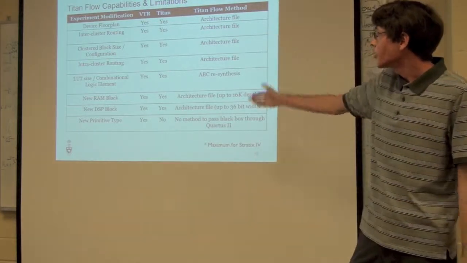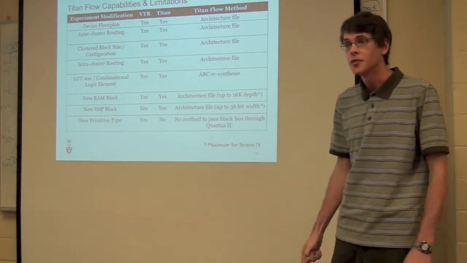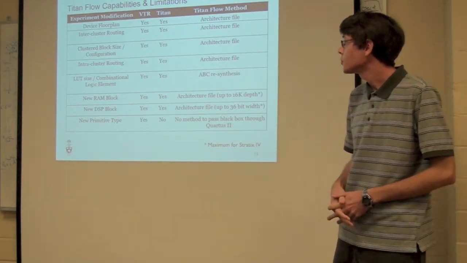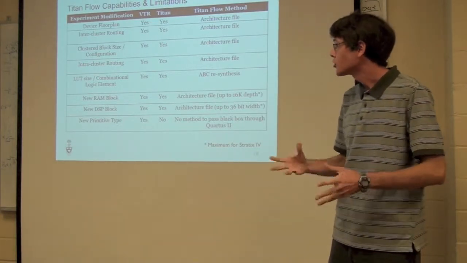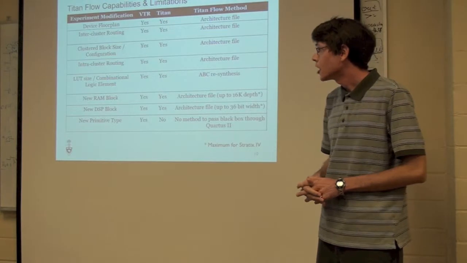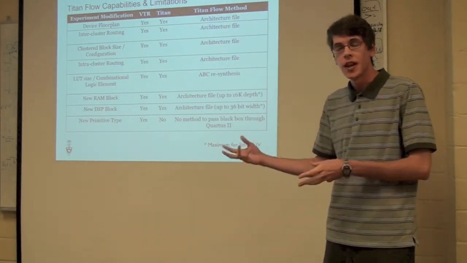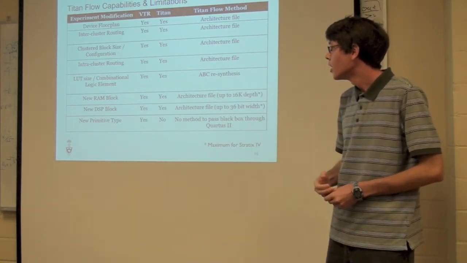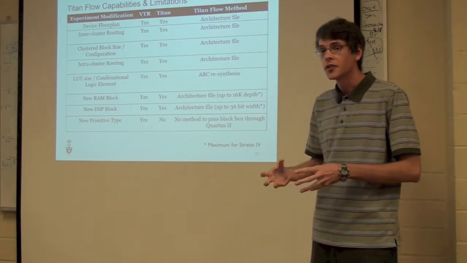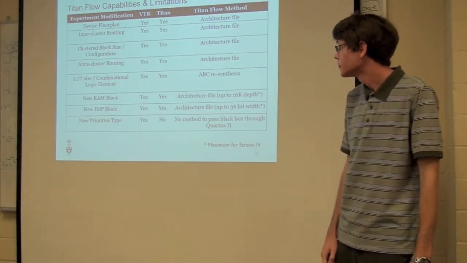If you want to vary things like your device floor plan, say you always want your RAM blocks to be next to your DSP blocks, that's perfectly possible. If you want to change your inter-cluster routing network, you can also change that. If you want to change your clustered logic block size, say you want 20 flip-flops and lookup tables in a logic cluster instead of 10, you can do that as well.